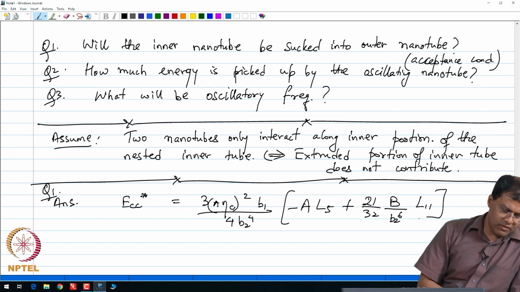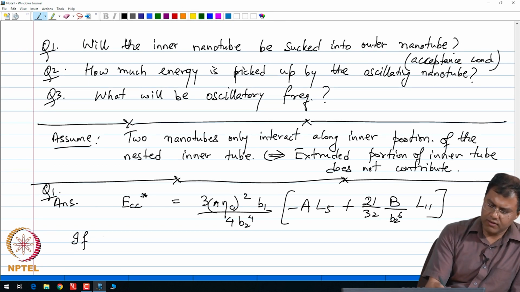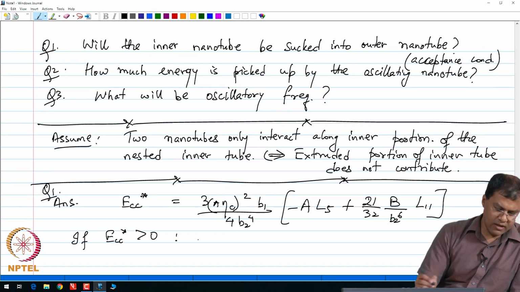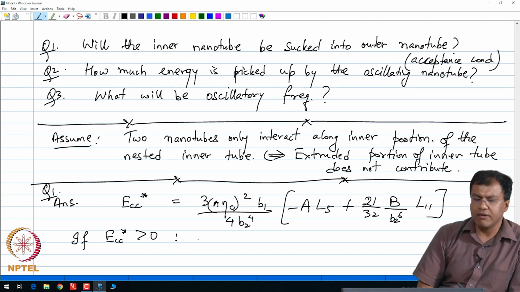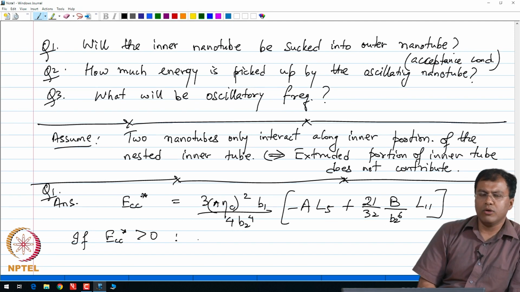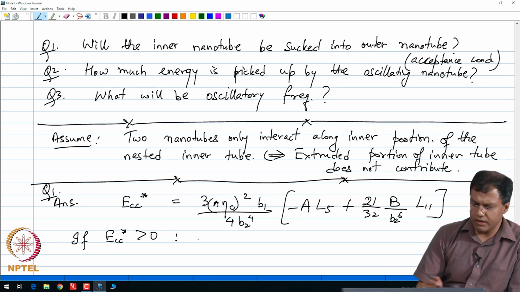We see that if ECC star is greater than 0, then the net interaction energy is repulsive and the inner nanotube will be pushed out of the outer nanotube. So, we will not have the oscillatory motion.